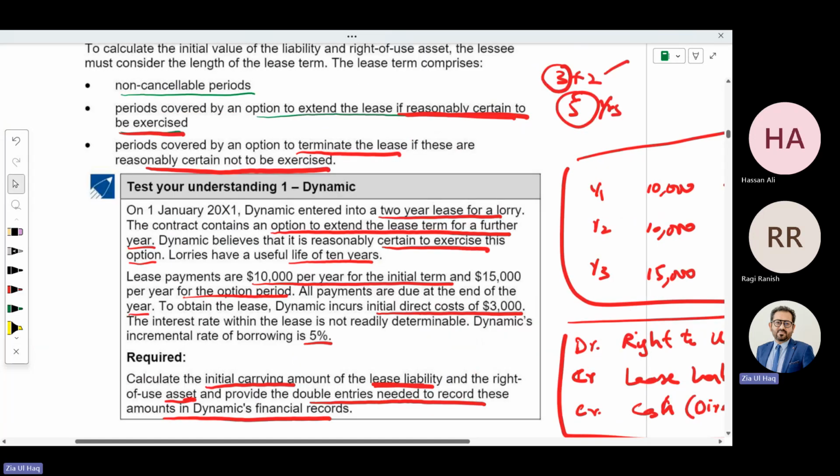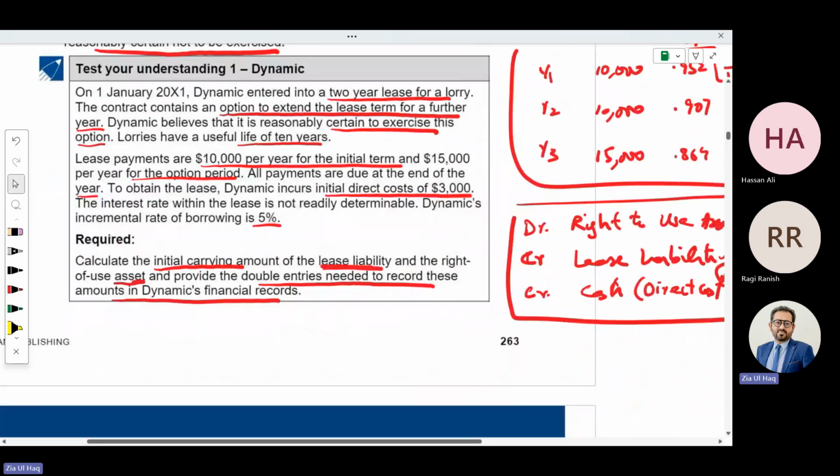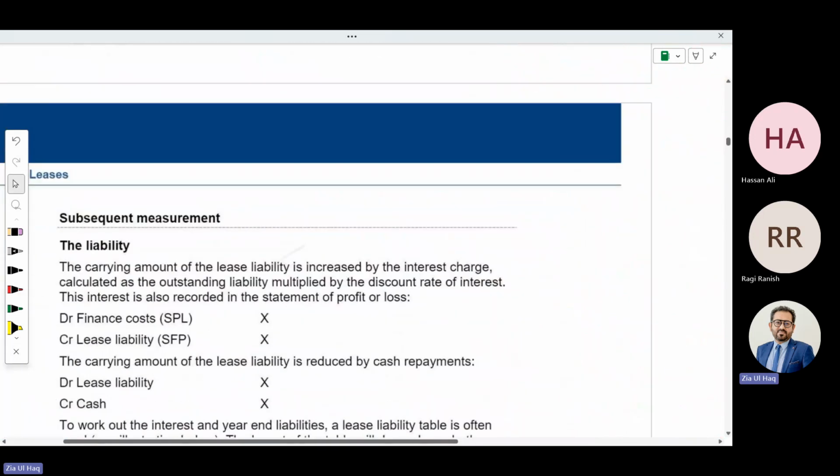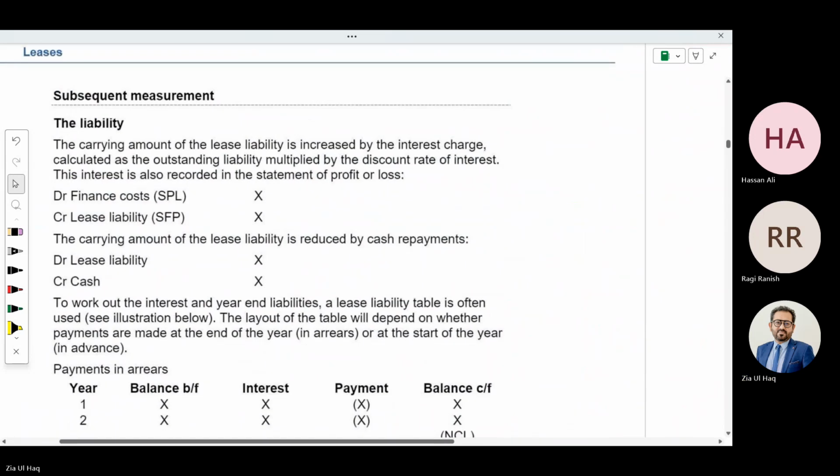Okay, so this was initial measurement. Now we are moving towards subsequent measurement: how the liability at year end and in the coming year will be calculated. The carrying amount of the lease liability is increased by the interest charge.